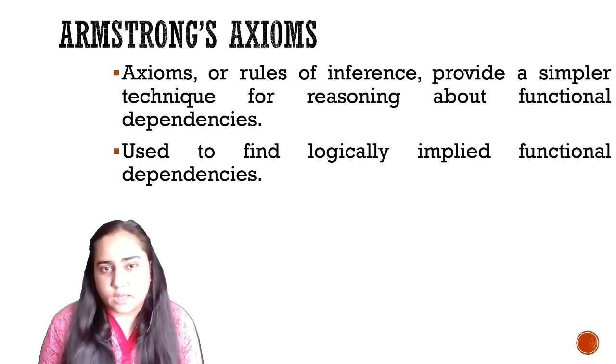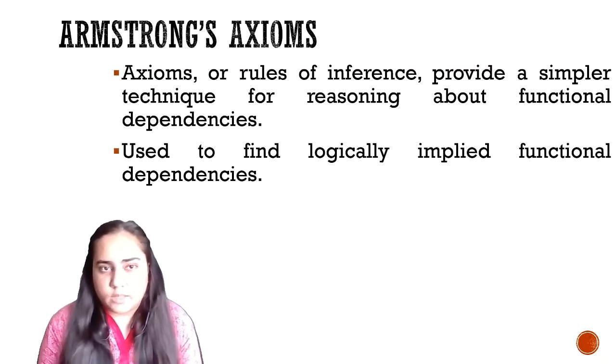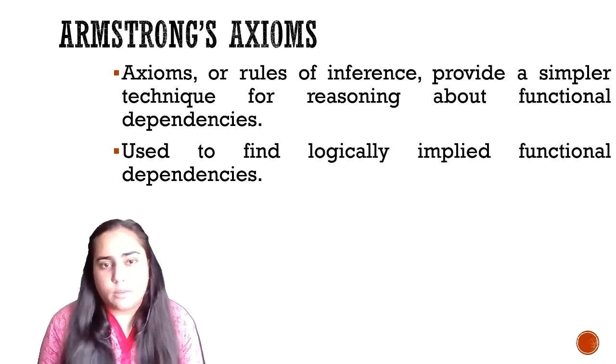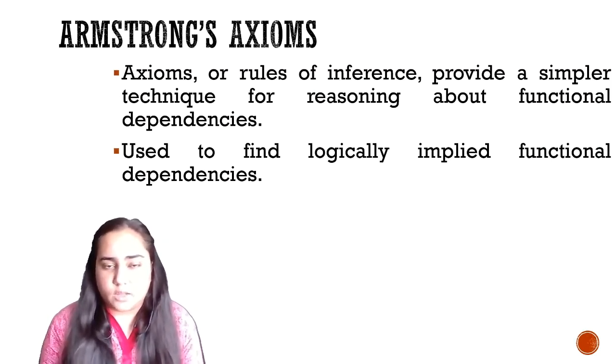But we cannot do that unless some extra dependencies are removed. So Armstrong's axioms allow you to find something called a canonical cover, which I'm going to talk about in one of my later videos. Canonical cover allows you to reduce the set of dependencies by applying some rules. And because they are already fewer, your normalization becomes more effective and efficient.